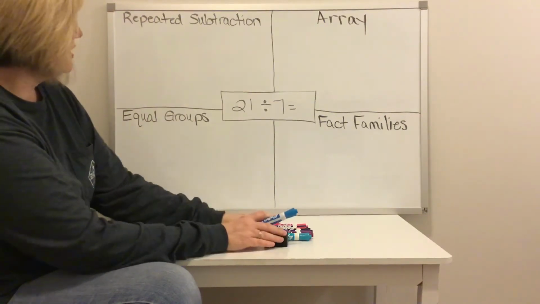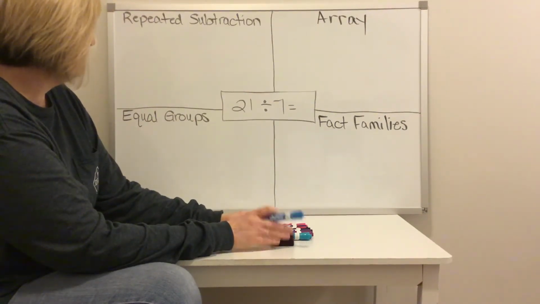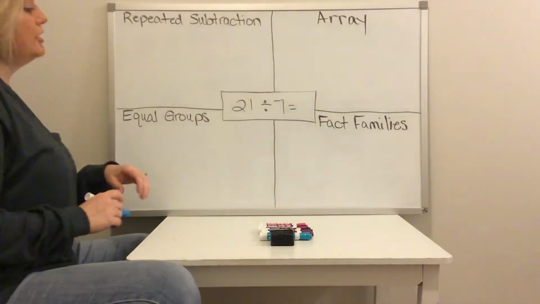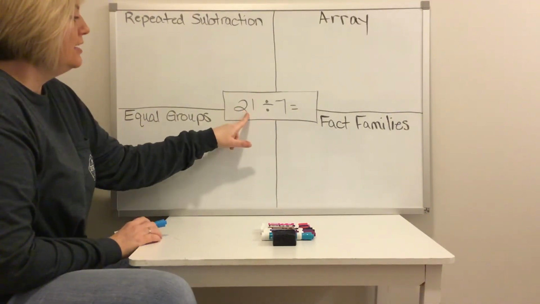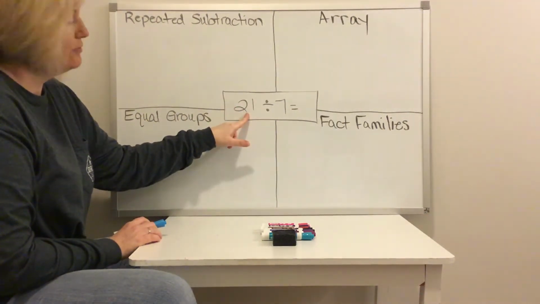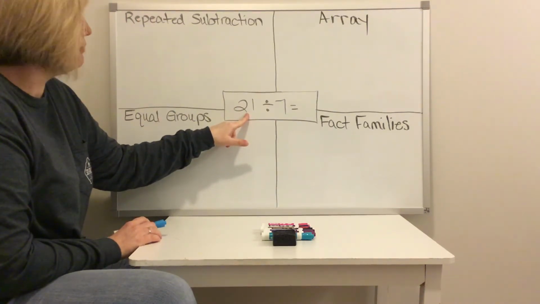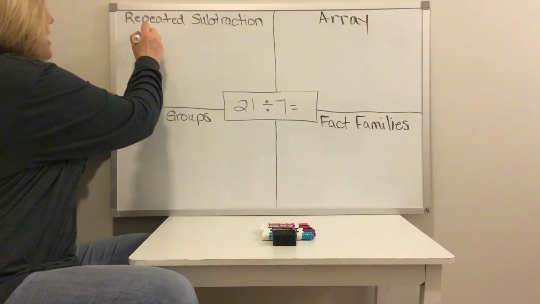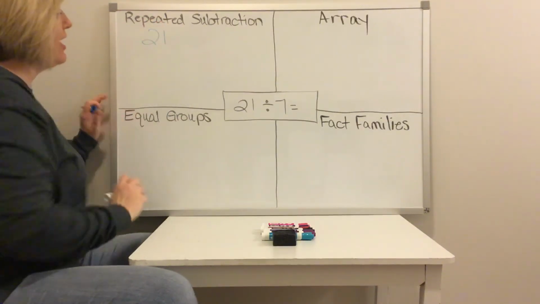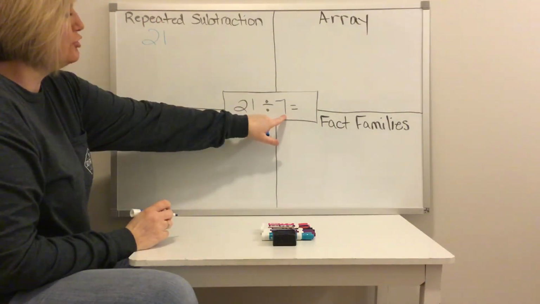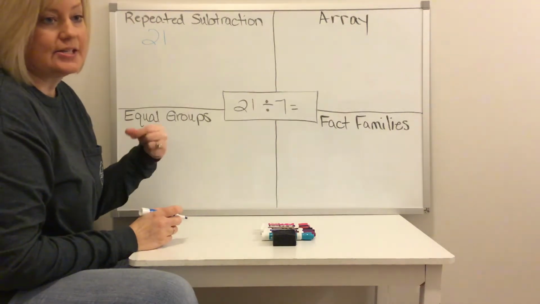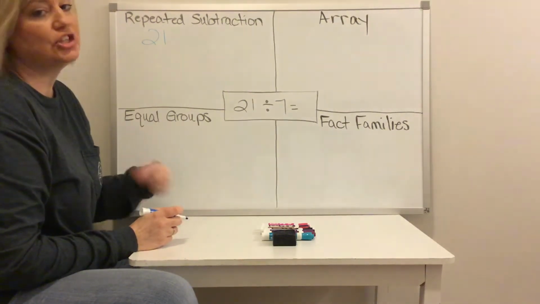So our first one is the repeated subtraction. What I'm going to do is take my dividend, which is the largest number at the very beginning of the division problem, and start out with that. Then I'm going to use my divisor as the number that I'm going to subtract each time.